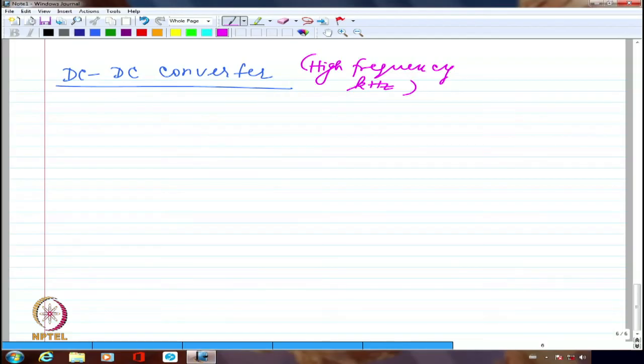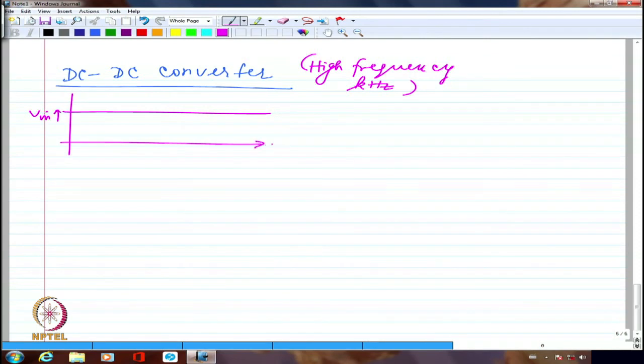So if I have a DC supply like this as the input, with respect to time. I'm not writing omega t because it is DC. This is the input. Let us say this is 100 volts, but what I want as the output is 50 volts.